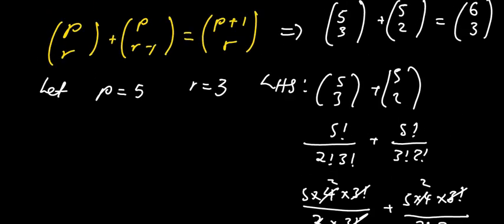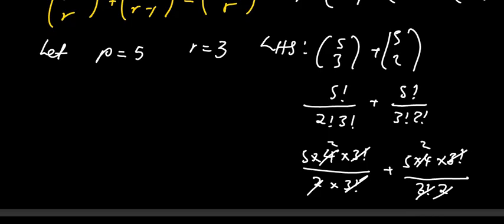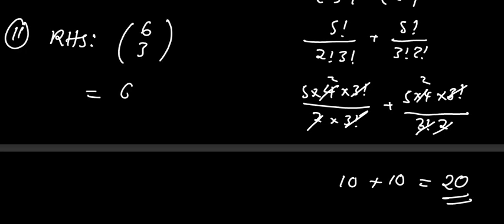It's a 20. Then we're now here on the right hand side, 6 choose 3. So this is the same as 6 factorial over 3 factorial and 3 factorial.